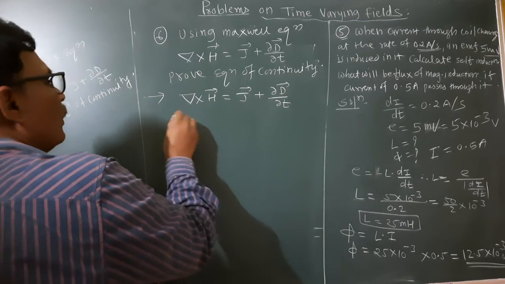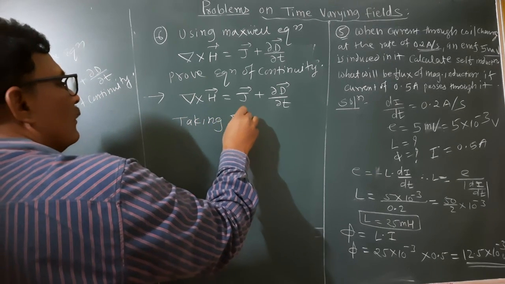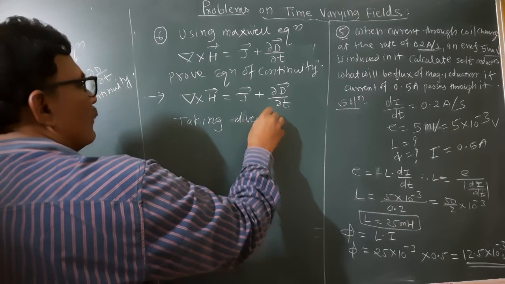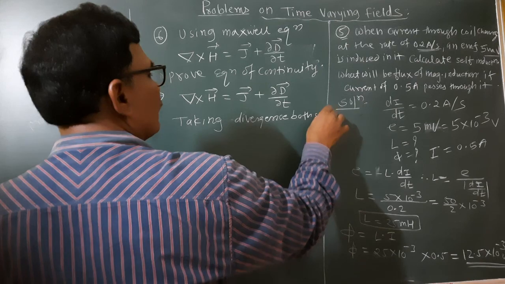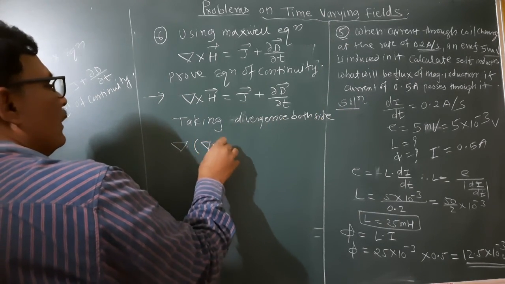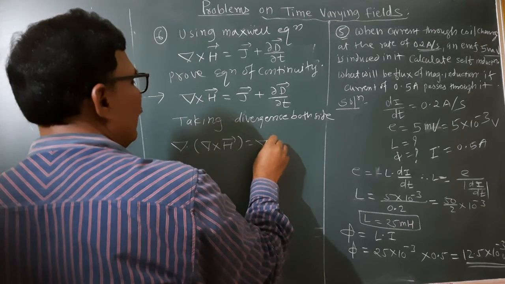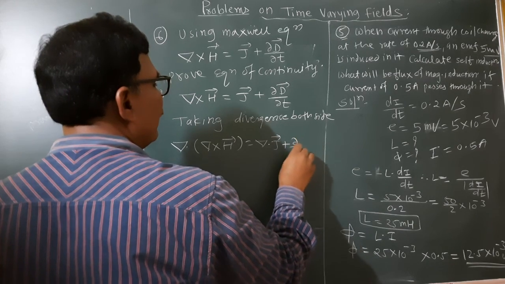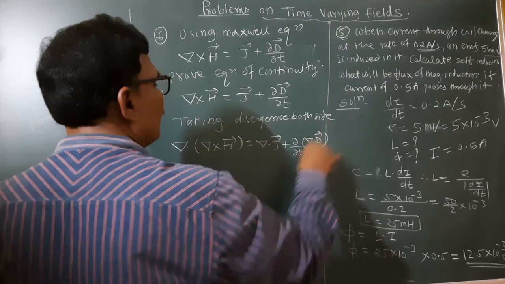Taking divergence on both sides, what do we get? Divergence of curl of H bar is equal to divergence of J bar plus dou by dou t into divergence of D bar.